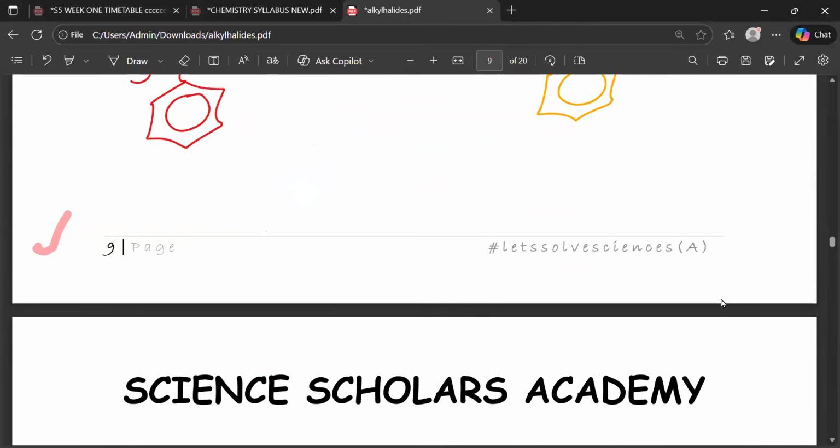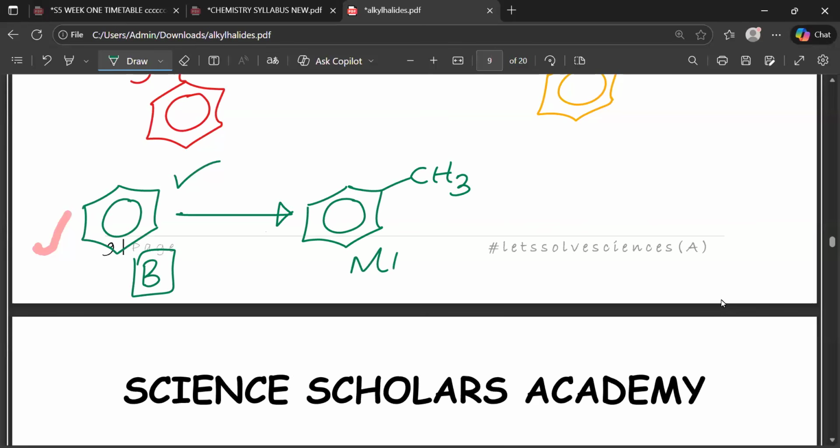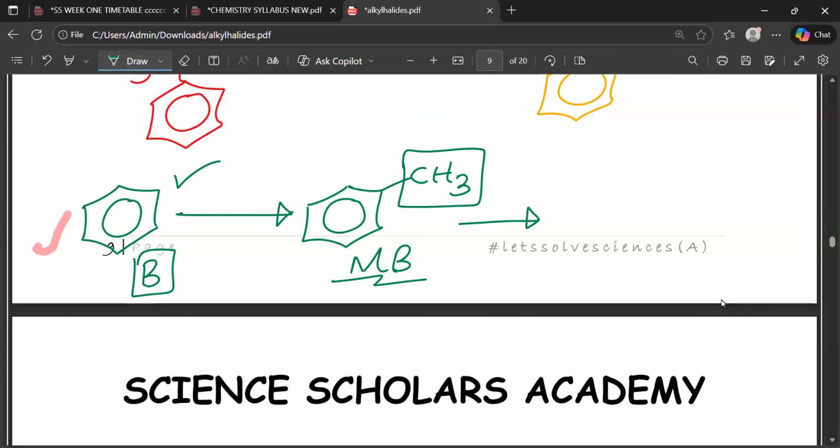A case in point. Are you seeing this? This one alone is benzene. The moment I come and add a methyl group like this, I'll remove that hydrogen and put CH3. This one is methyl benzene because I've added that. And no need of positions, because for you to change positions, you just rotate it. That is methyl benzene.